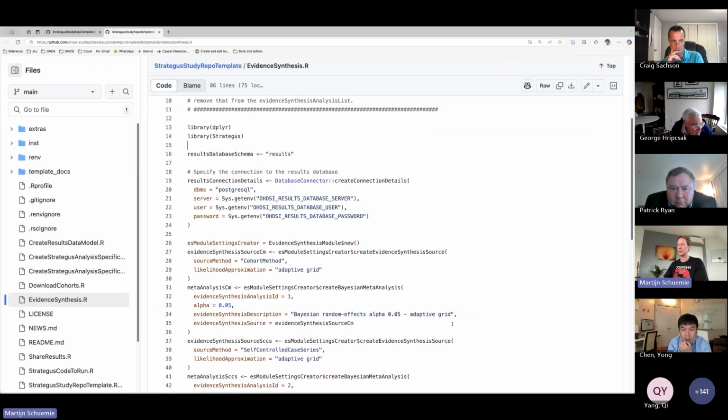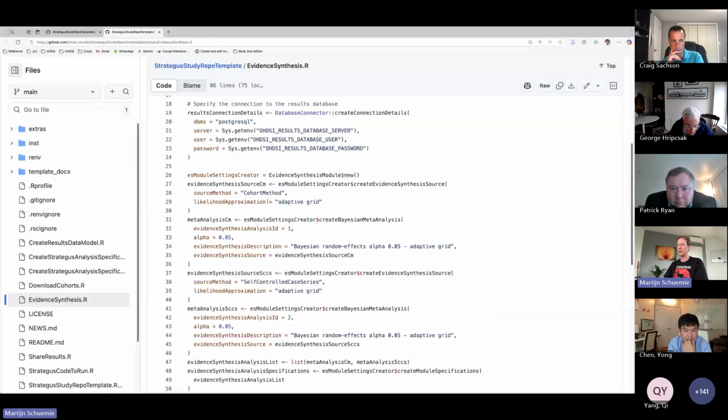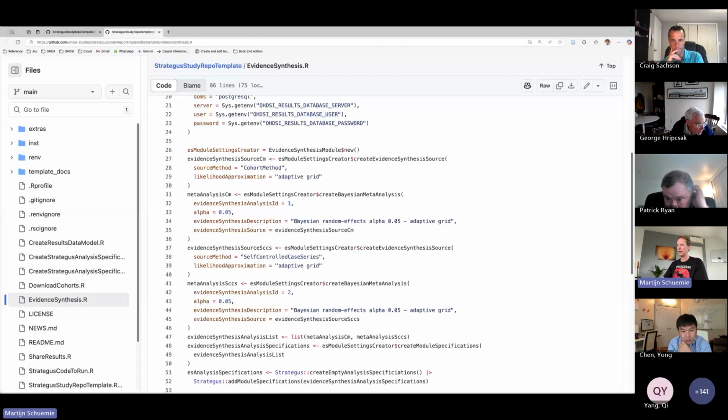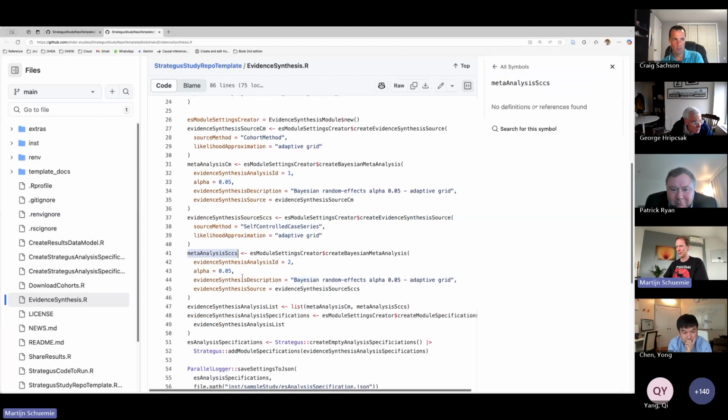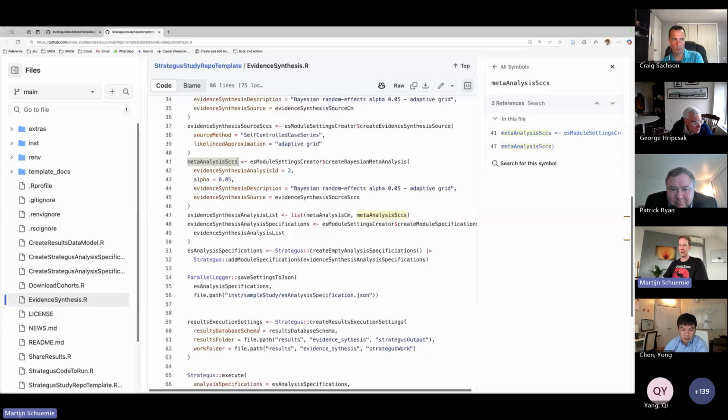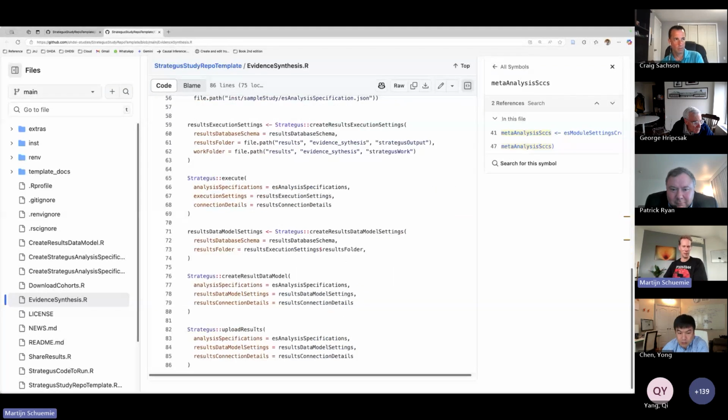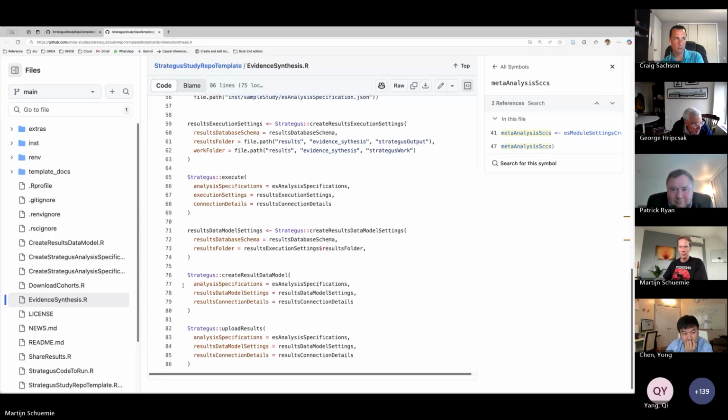We usually don't have to change this because it's just saying we run a Bayesian random effects model using adaptive grid on CohortMethod, and we run the same thing on the SCCS. We combine that, and this takes care of all of the steps that I showed earlier: only including unblinded estimates, performing the calibration again at the meta-analysis level, and producing the results.